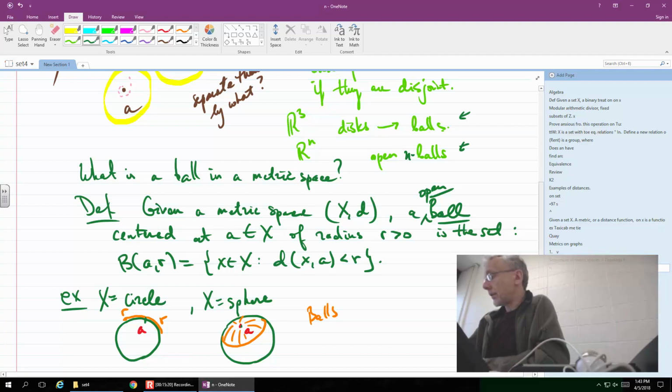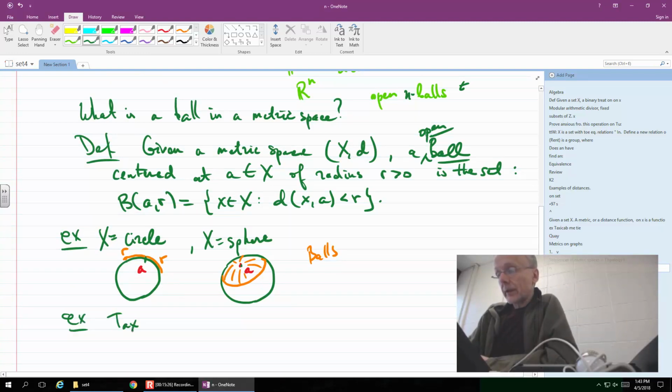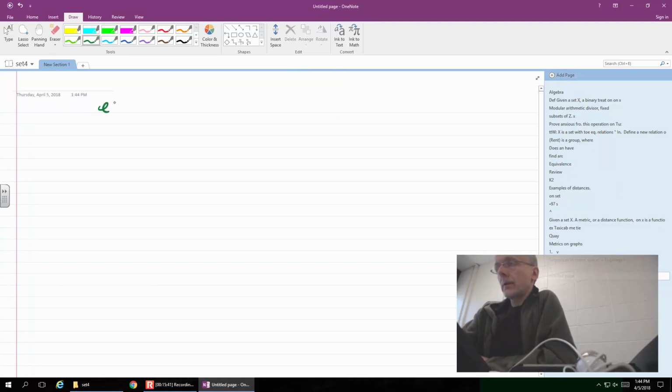Now, the fancier thing is in a taxicab metric. Now let's investigate that. So, taxicab metric.